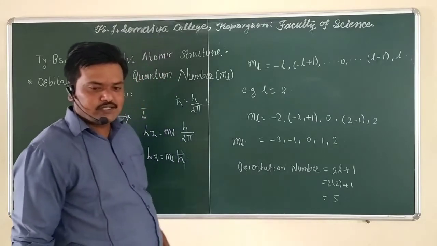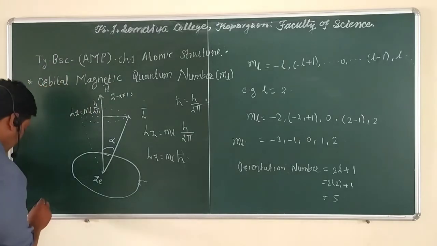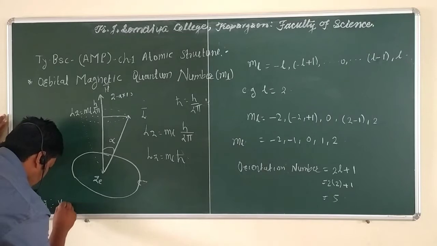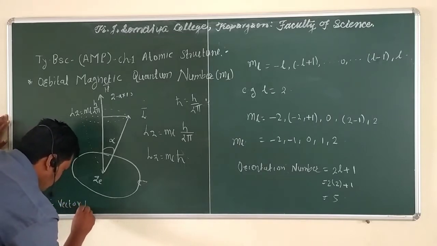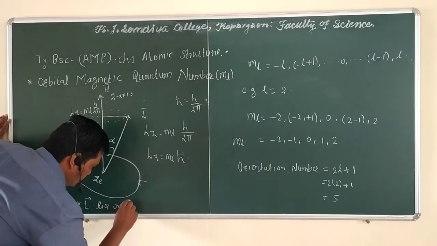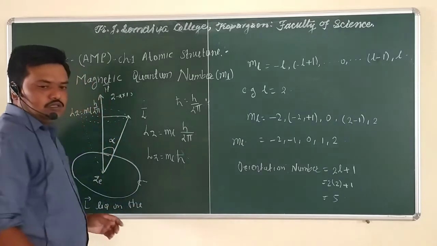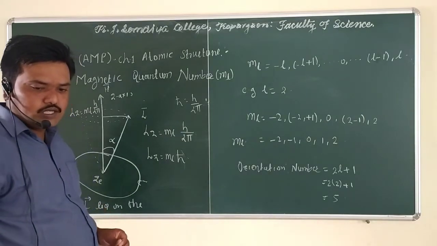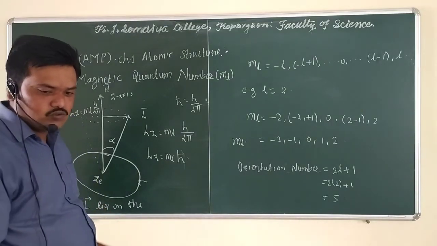So this vector L bar lies on the surface of the cone and precesses about H bar.